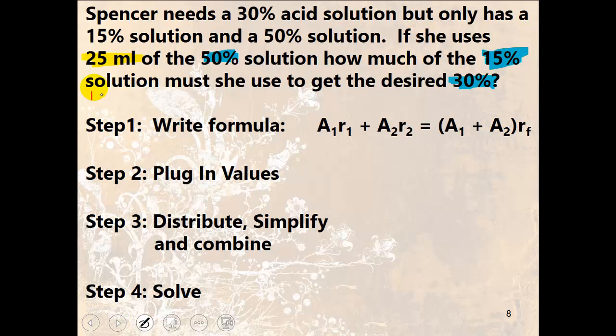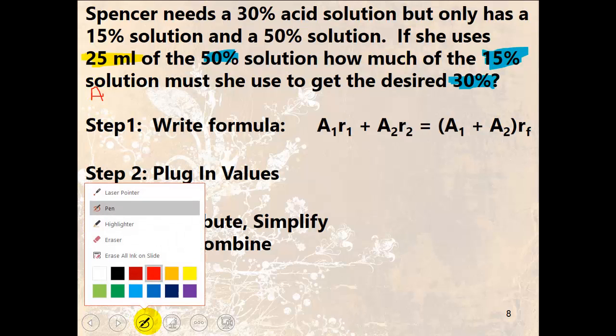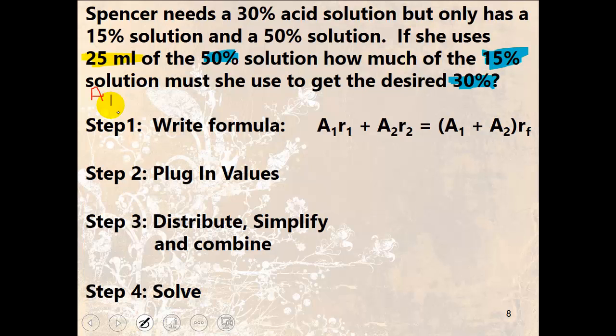We know that the first amount, A1, is equal to 25, and we know R1 is equal to 0.50. I don't know what amount 2 is, but I know that its rate or its percentage is equal to 0.15.